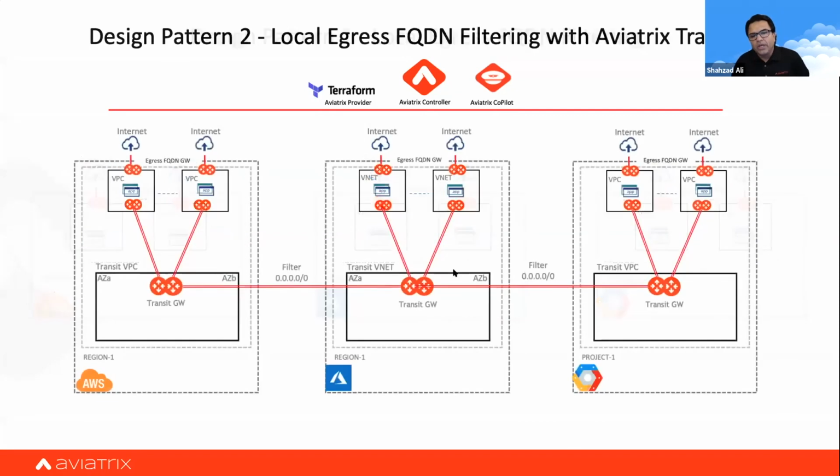So what we have seen customers do is quickly graduate from that model and follow this MCNA, multi-cloud network architecture model, where we deploy our transit gateways in the transit VNet or transit VPC. That makes it a hub and spoke model. Now you can see this is your hub, the transit gateways, and then the spoke gateways, the Aviatrix gateways.